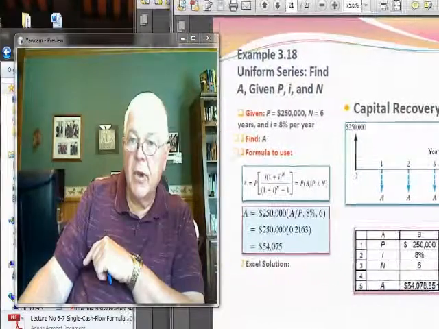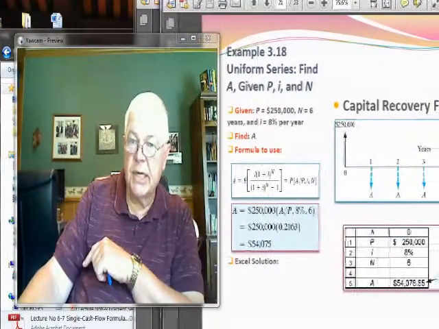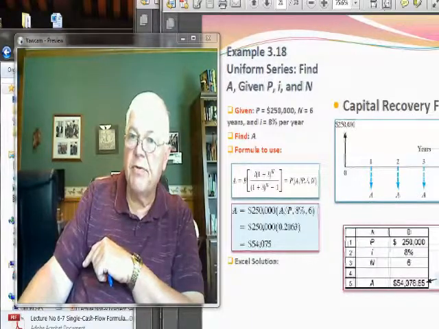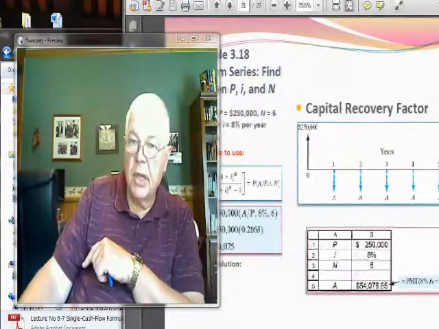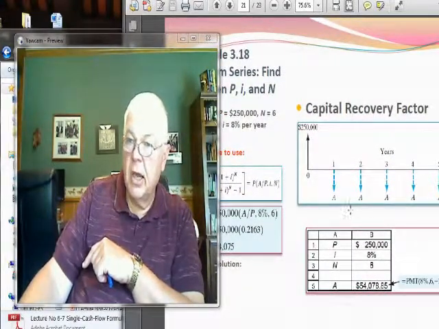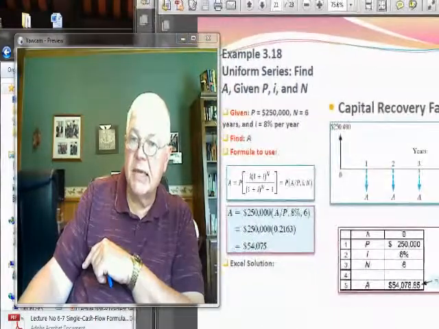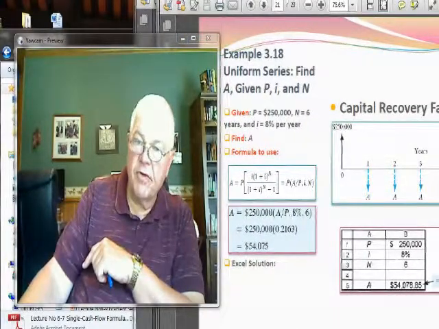Okay, here is a uniform series again. In this case, and this is what we've done here, we spent $250,000, and then we have to spread the payments off to pay that out over time. This is like a sinking fund. It's a capital recovery factor.